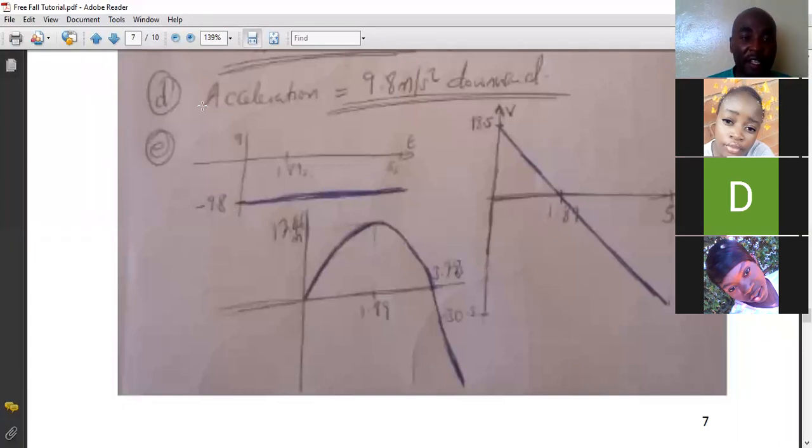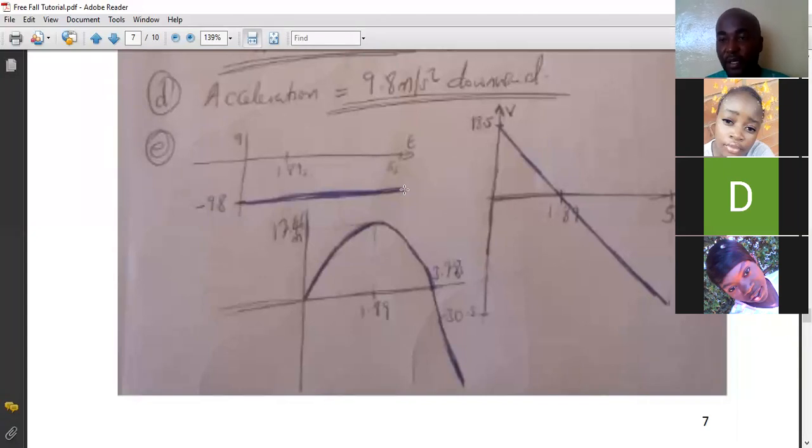So you draw y and x axes, put time on the x axis, with the negatives below. If it's a sketch, you don't draw to scale. Draw a straight line because the acceleration is constant, minus 9.8 meters per second squared.